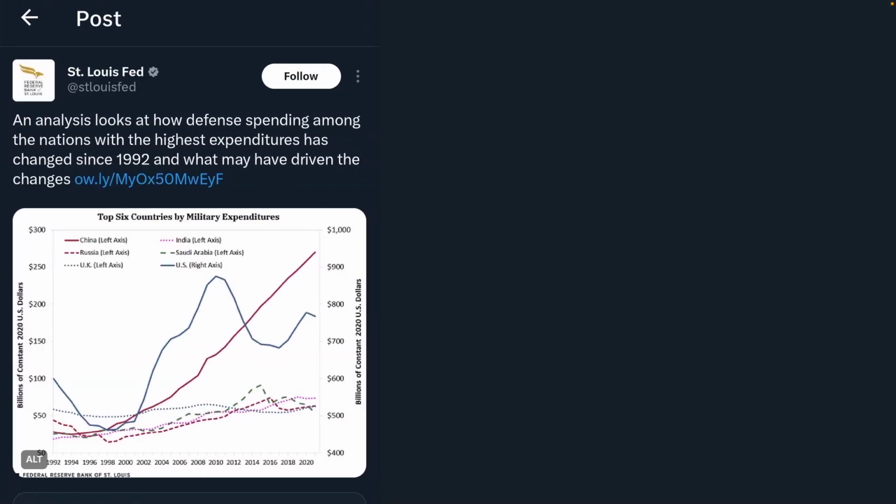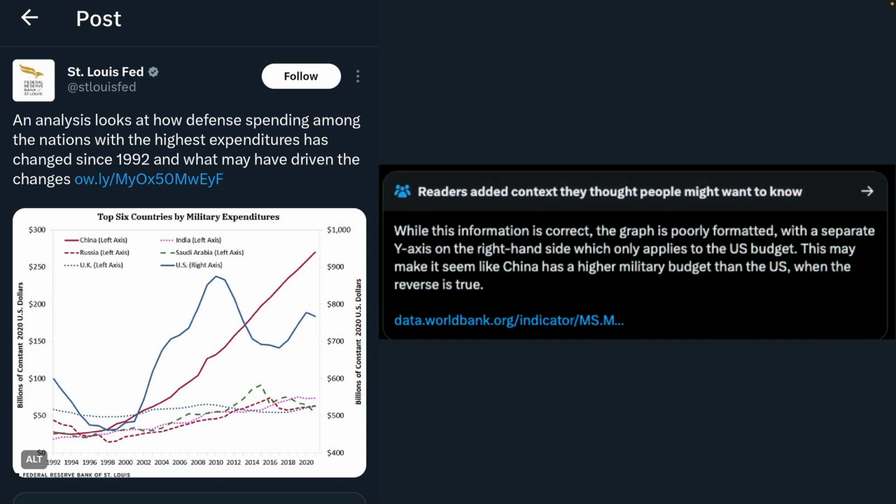So check this out. It got community noted. It says, while this information is correct, the graph is poorly formatted with a separate y-axis on the right-hand side, which only applies to the U.S. budget. This may make it seem like China has a higher military budget than the U.S. when the reverse is true. And that conclusion is what they wanted you to take away from this. Why else would you format the graph this way?